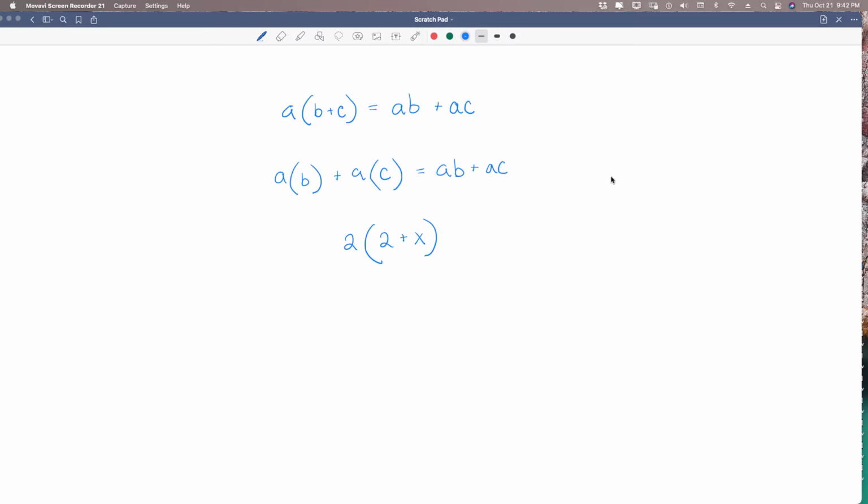So we remember our distribution property, or our distributive property, where we can take a term and multiply it times every term within a parenthesis. And this literally means to multiply.